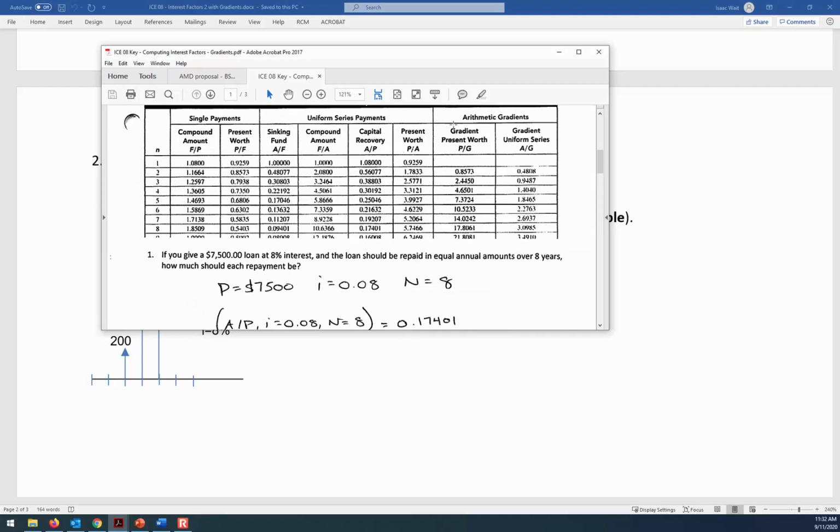We're going to find the present value of a gradient where we know G is 200. So G is known, P is unknown. That means we're going to use the gradient present worth. And if we go down to n equals 8, so n equals 8 is here.